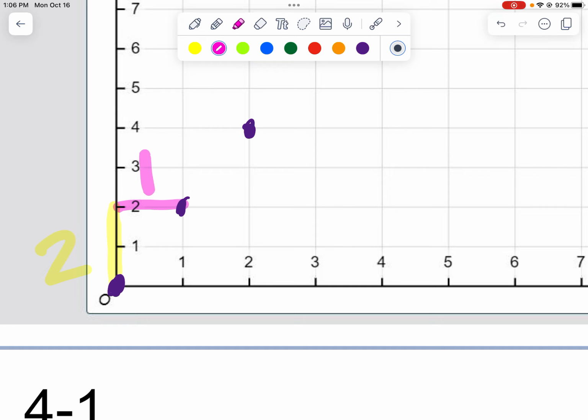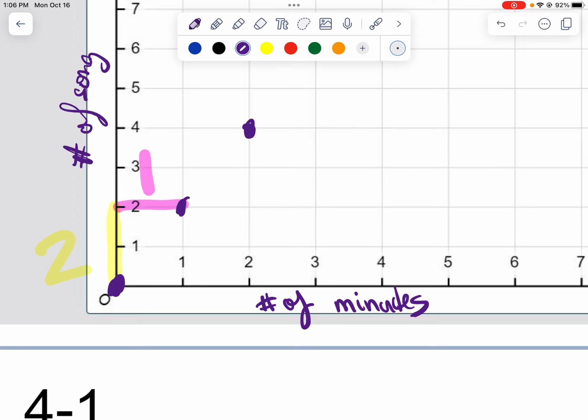When we're talking about x and y, this was talking about the number of minutes, and this was talking about the number of songs. So you can get 2 songs every minute.